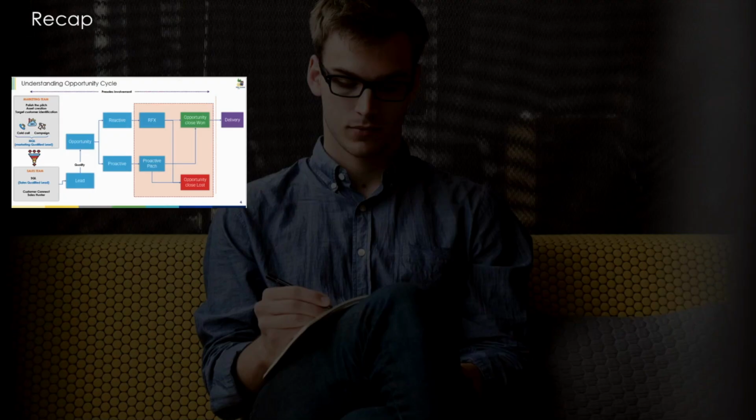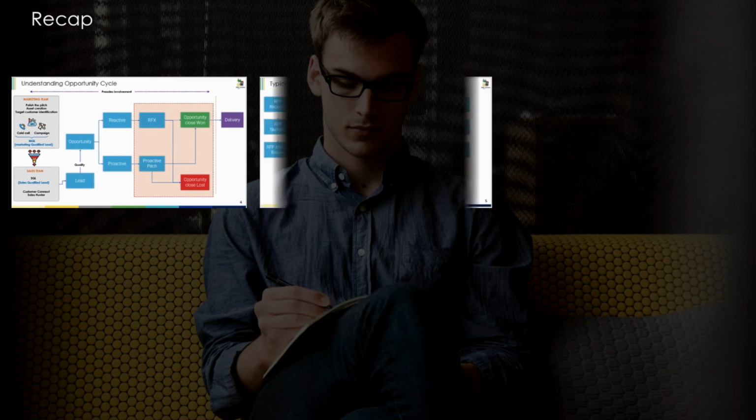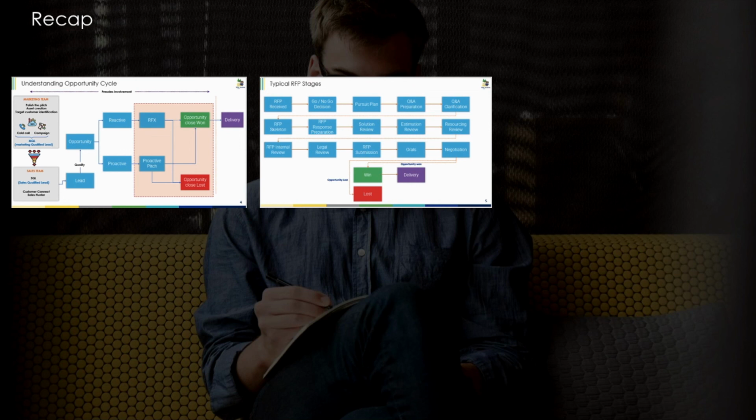Now let us recap what we have learned. We have learned about understanding the opportunity cycle, where we talked about MQL and how SQL is generated, then how leads are generated, then the typical cycle from opportunity from RFX to the delivery. We double clicked on the RFX to opportunity cycle, where we saw different RFP stages.